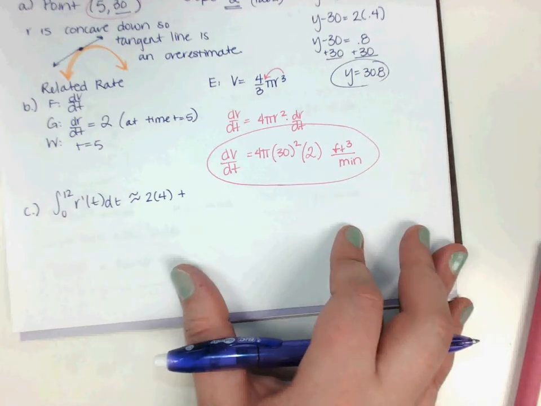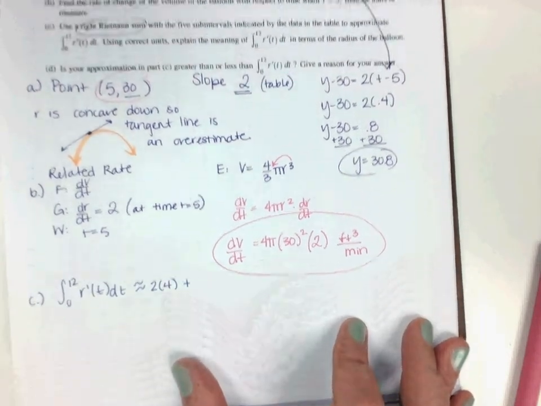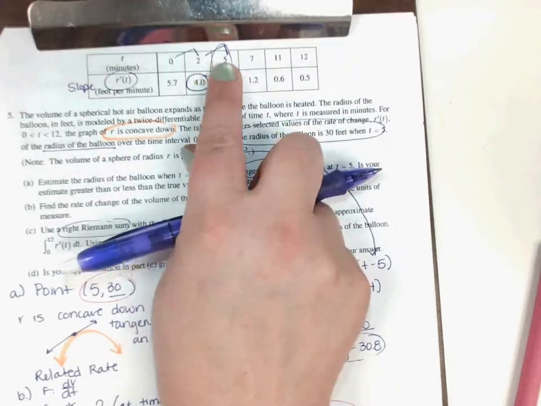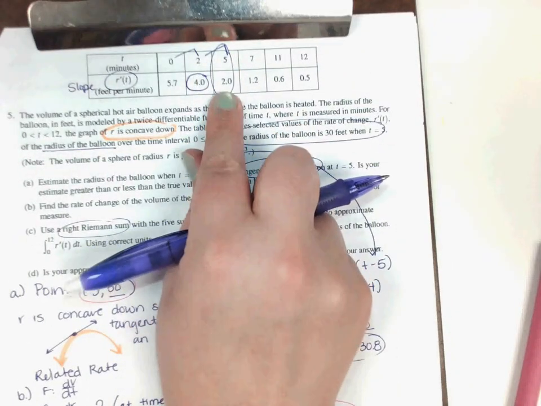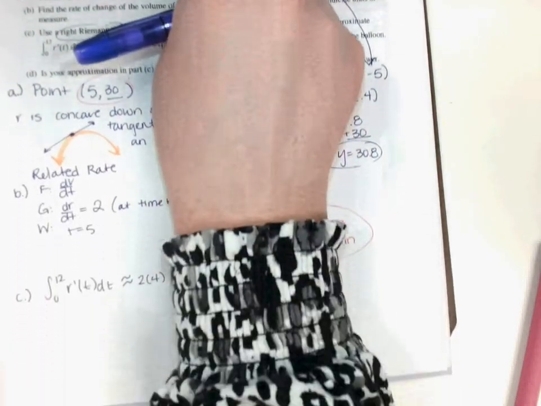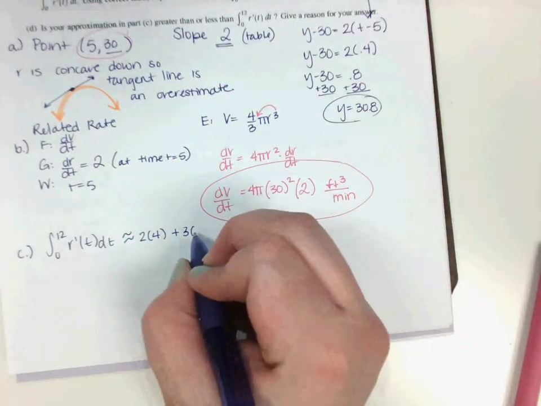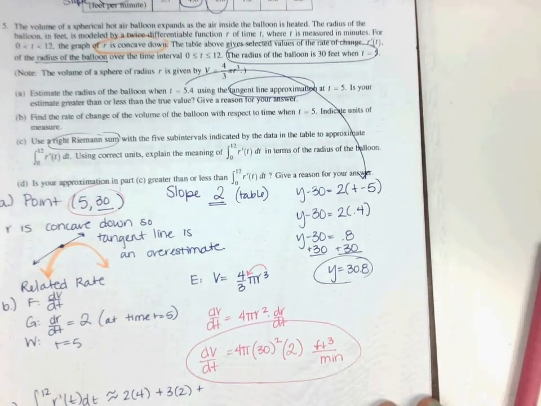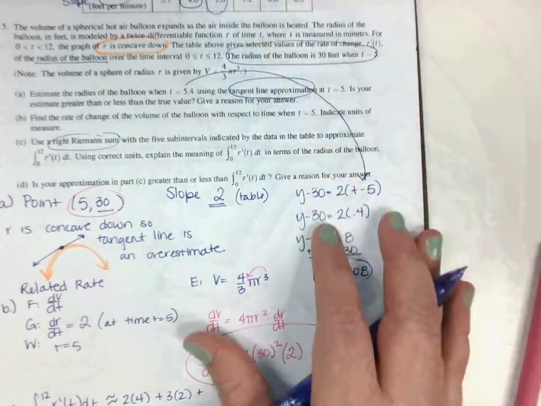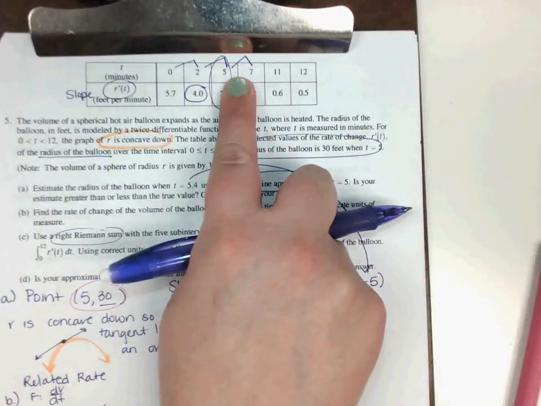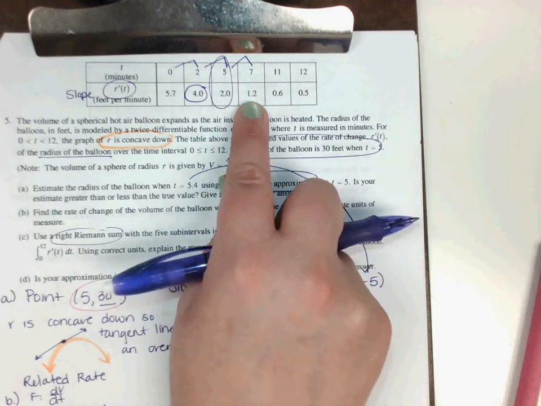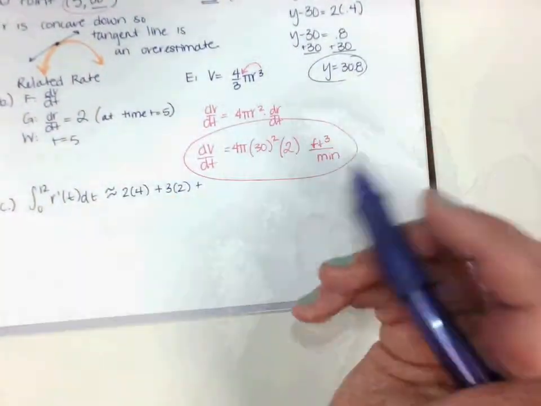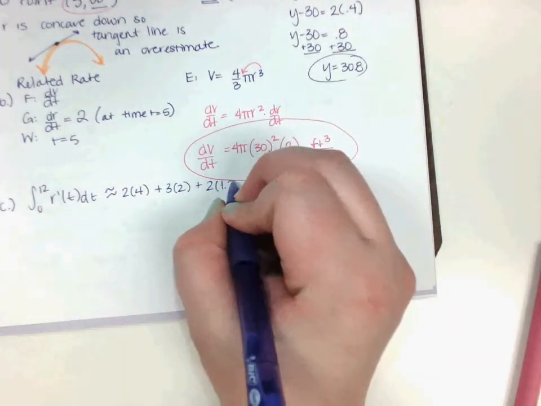Okay, next one. We're going from 2 to 5. How far is that? 3, and then what's the right side? 2, right? Then for my next one, I'm going from 5 to 7. How far is that? What's my right side y value? 1.2, right? So I'd have 2 times 1.2.